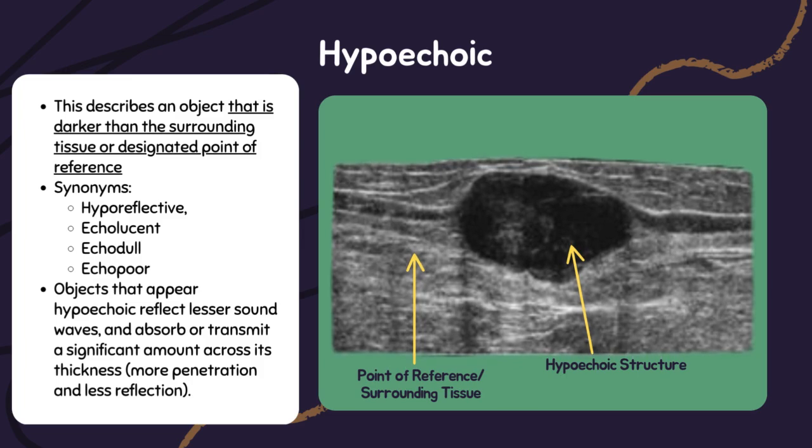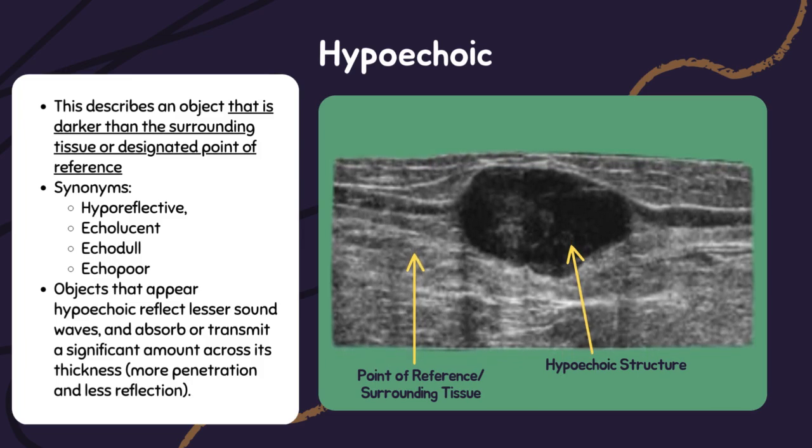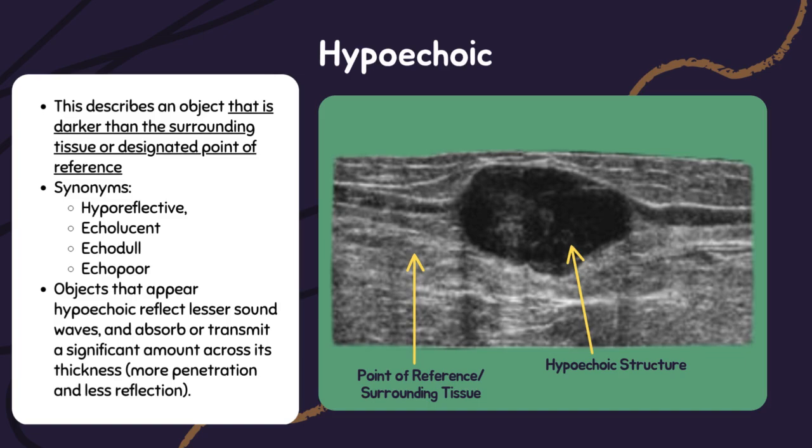Hypoechoic. This describes an object that is darker than the surrounding tissue or designated point of reference. Note the word darker, not completely black. Other words that can be used in place of the word hypoechoic include hyporeflective, echolucent, echodull, or echopore.